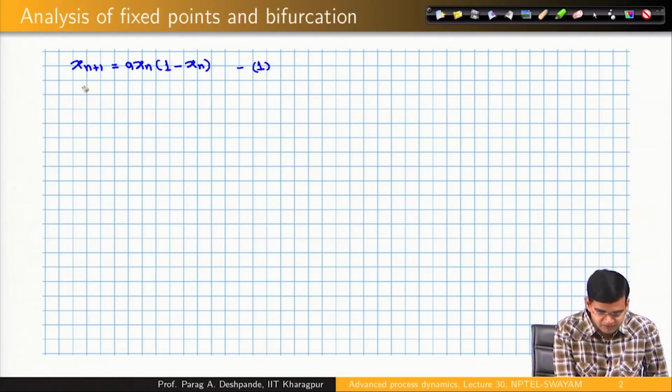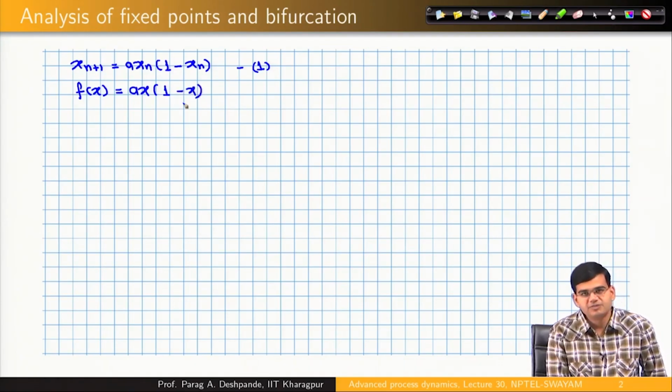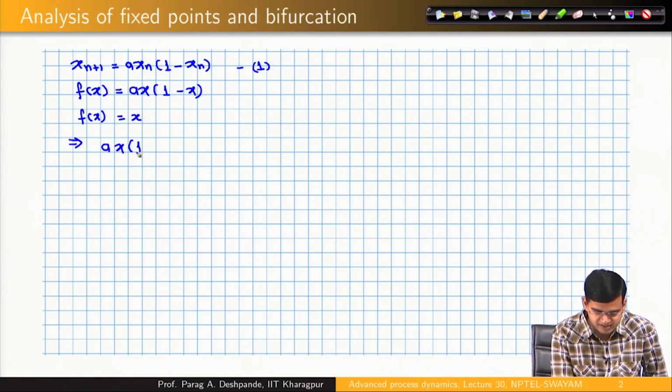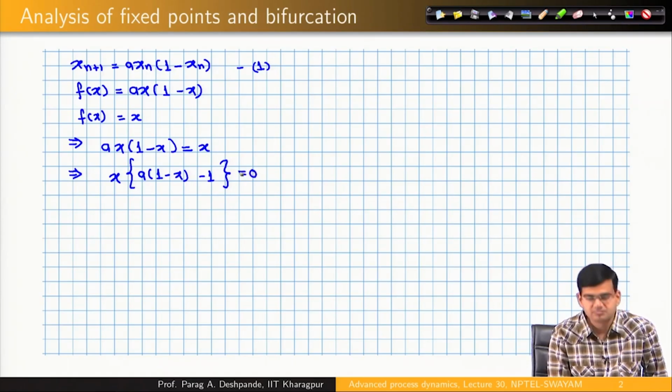So, I would denote f(x) = a x (1 - x), and the fixed points can be determined by setting f(x) = x. So, I get a x (1 - x) = x, or x (a(1 - x) - 1) = 0.